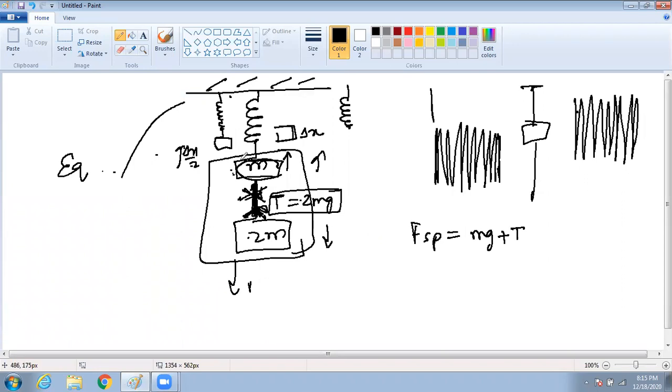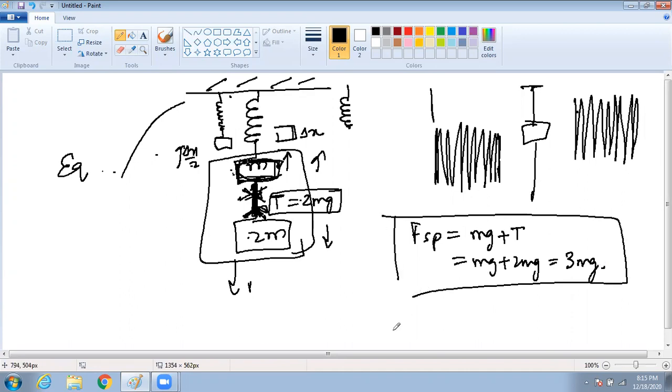So F_sp is the weight of this mass plus the tension force. How much does it become? Mg plus 2 mg is equal to 3 mg. Clear? Yes. Now, this is the actual force at equilibrium.